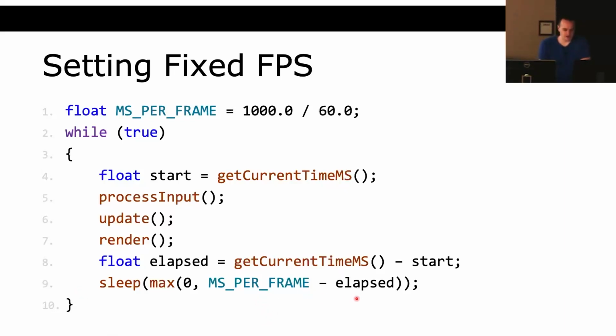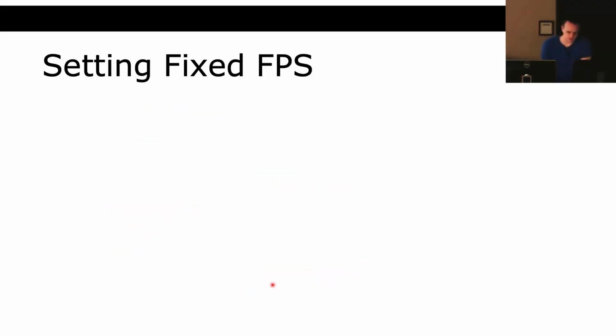Let's say that our code took 5 milliseconds to run. Then milliseconds per frame is 16 minus 5. So that's 11, and now I've got to do nothing for 11 milliseconds. That's literally what's happening. It's that simple. If this was 20, then I'm 4 milliseconds behind, and I'm going to see the gameplay be a bit slower in my game.